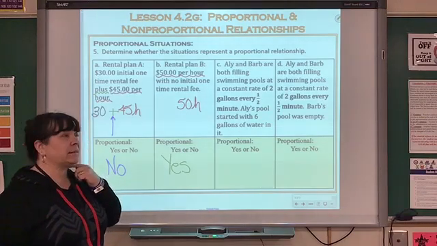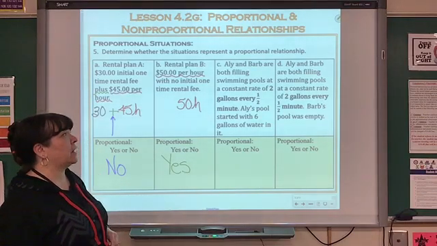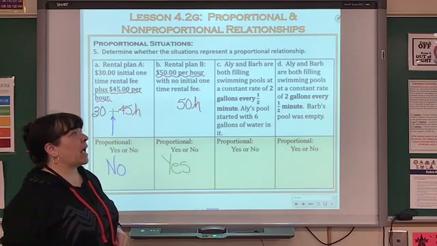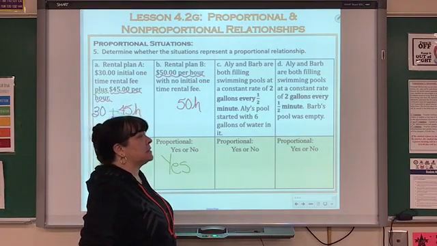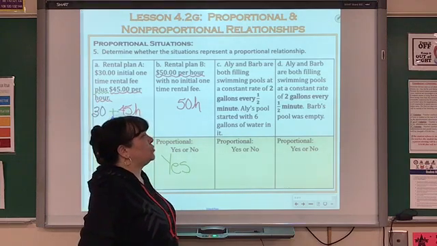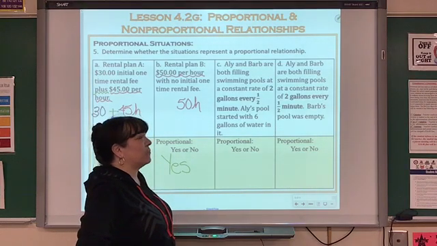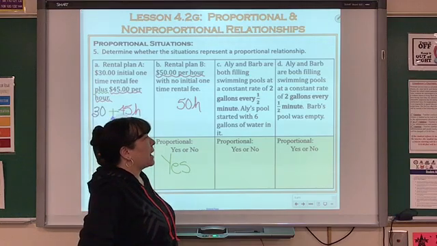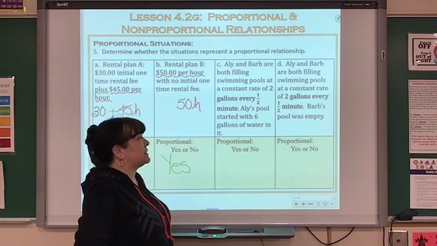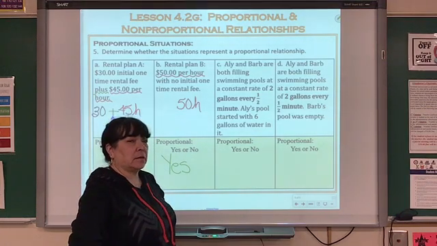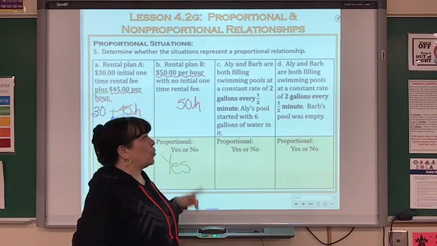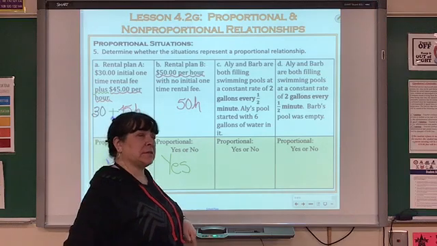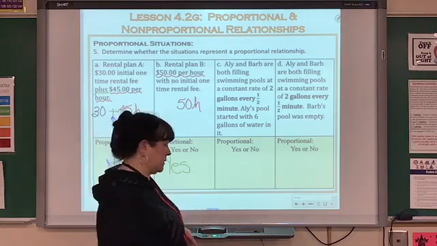So let's take a look at these about Allie and Barb filling up their swimming pools. Allie and Barb are both filling swimming pools at a constant rate of 2 gallons every half minute. Allie's pool started with 6 gallons of water in it. Okay, let's think about that. We do have the words constant rate.